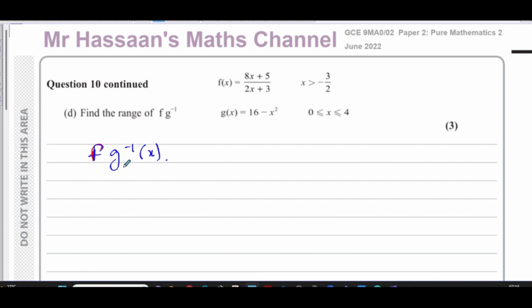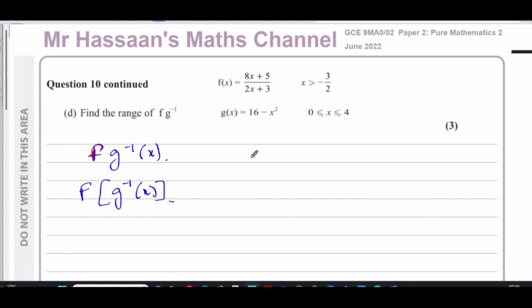What this means is, when you have a composite function, what comes second goes into what's first. So this is like f of g inverse x. It's when you substitute the inverse function into the original function. And we want to find the range. They're not asking us to find the actual algebraic expression for it.